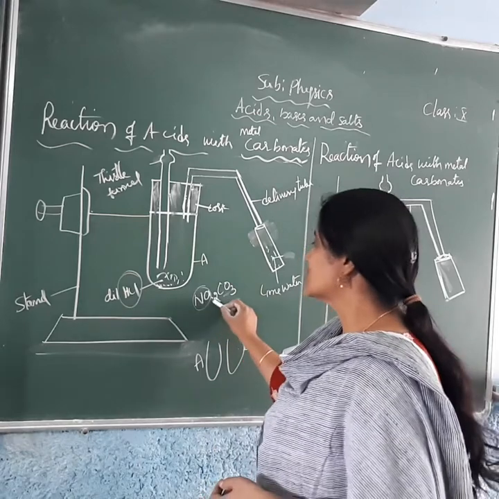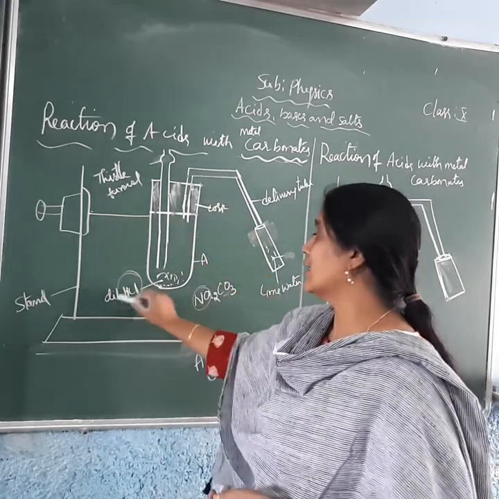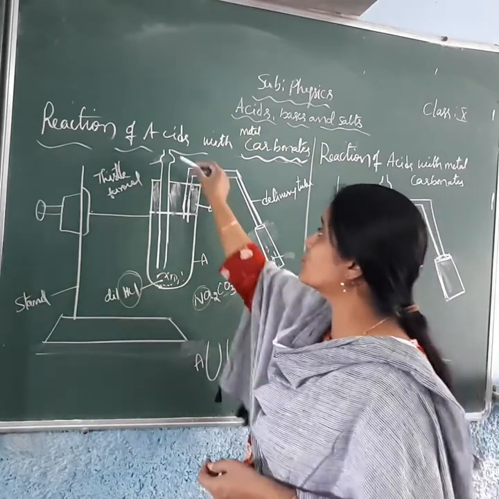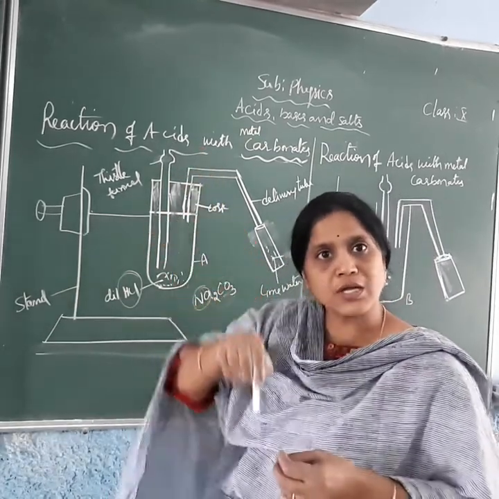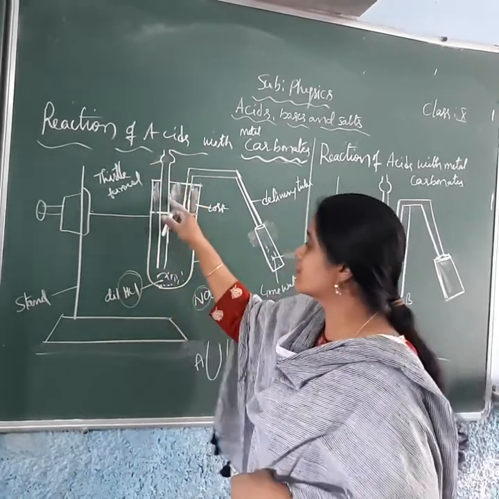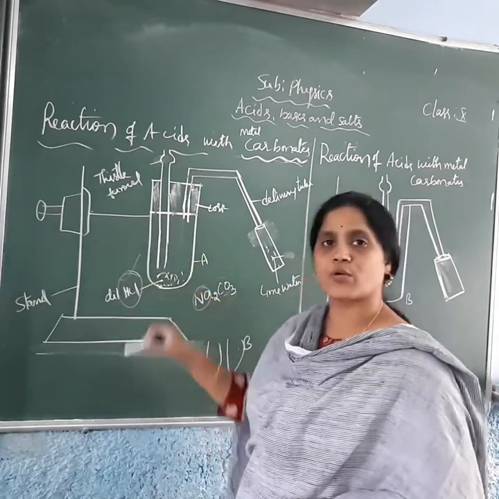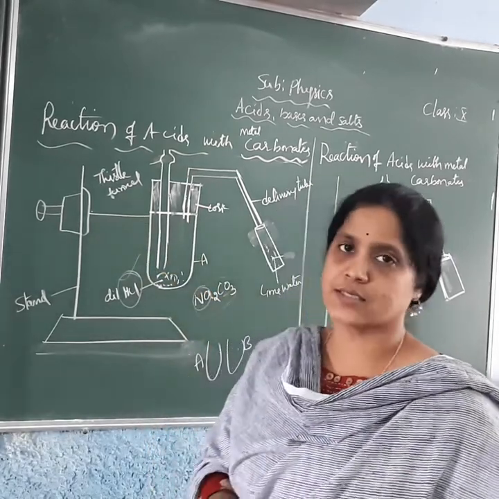Take sodium carbonate in this test tube, and through this funnel, which is used to pour the acids into the test tube, pour the hydrochloric acid. I said we should take care while using the acids.